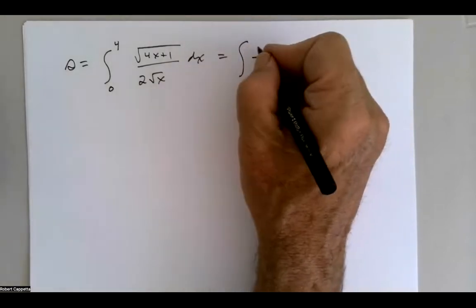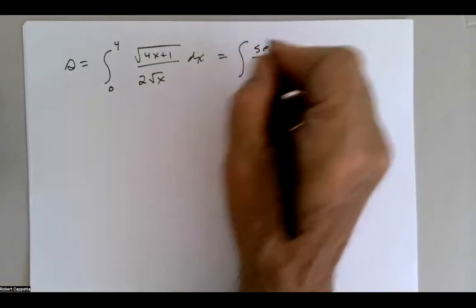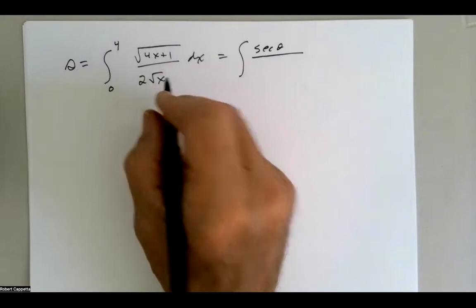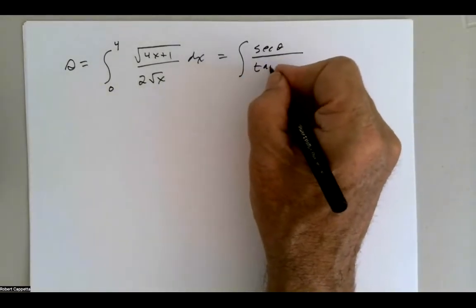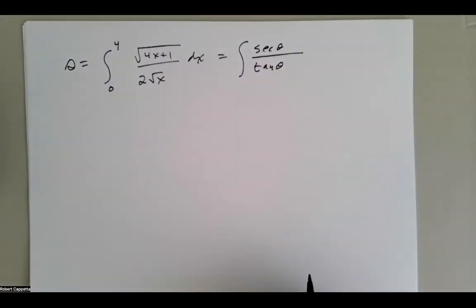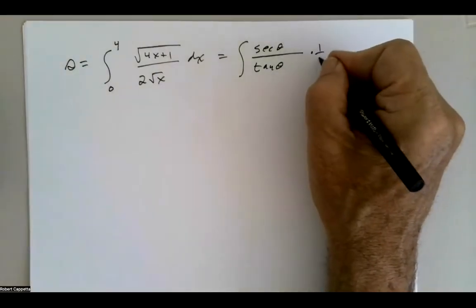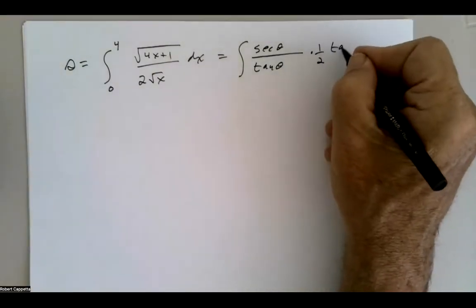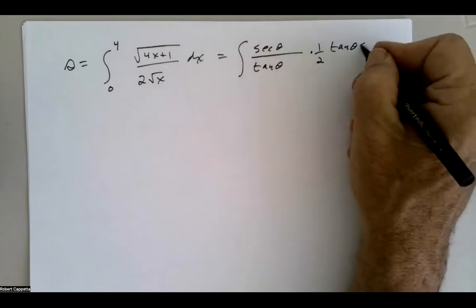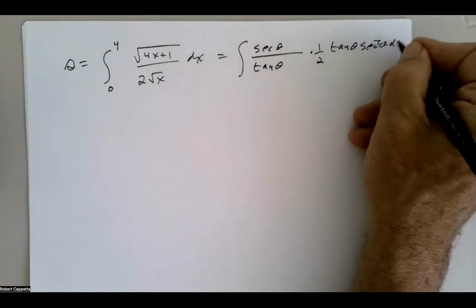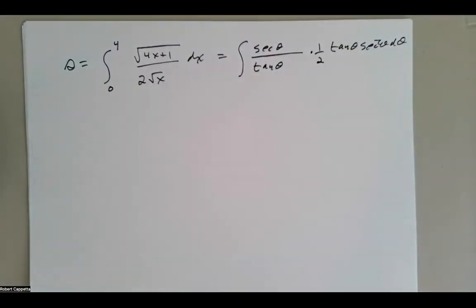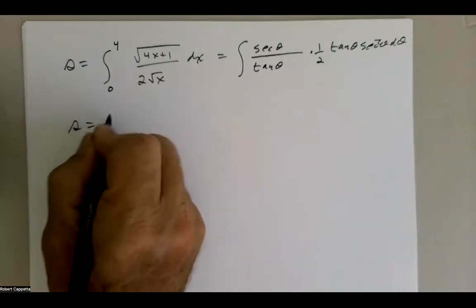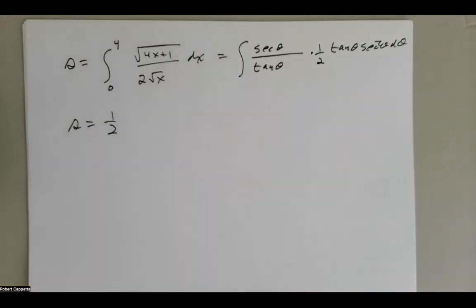Root 4x plus 1 was secant theta. 2 root x was tan theta. Dx was 1/2 tan theta secant squared theta d theta. That divides out. That's nice. So what do we get then? S will be 1/2, because the 1/2 comes out in front. The tan thetas divide out.